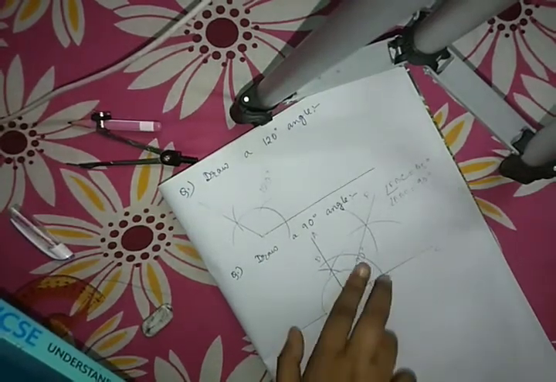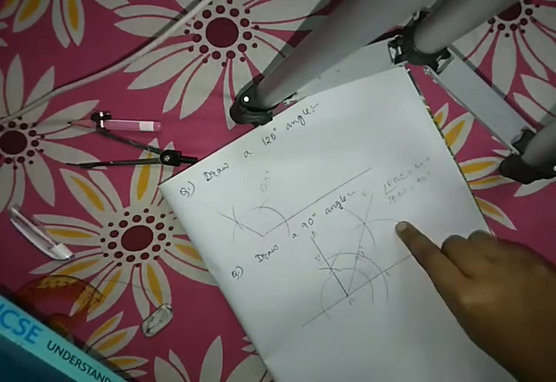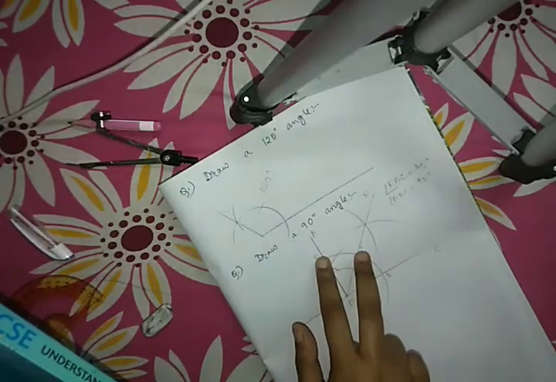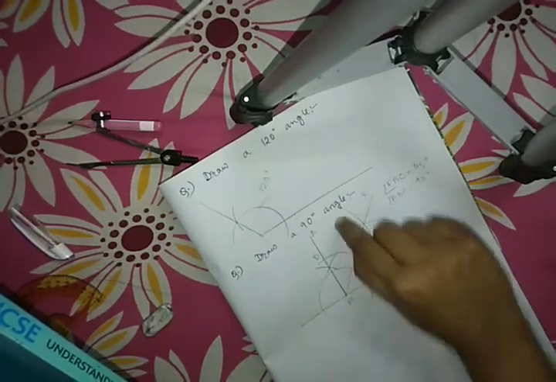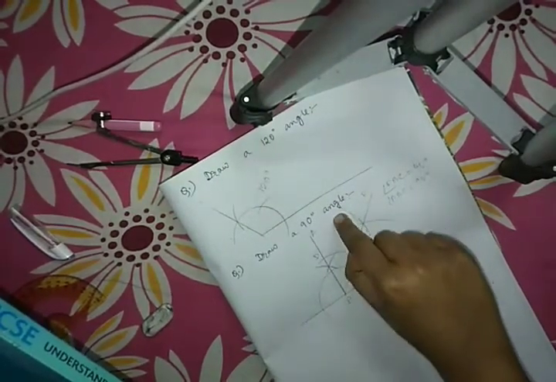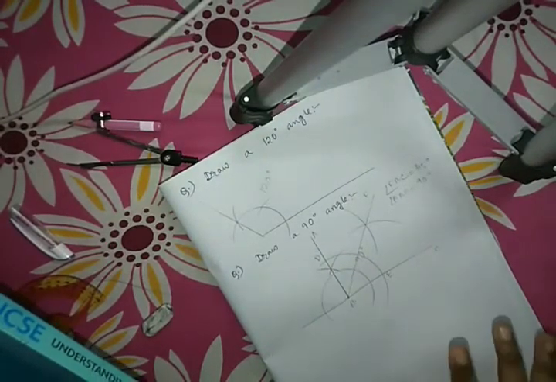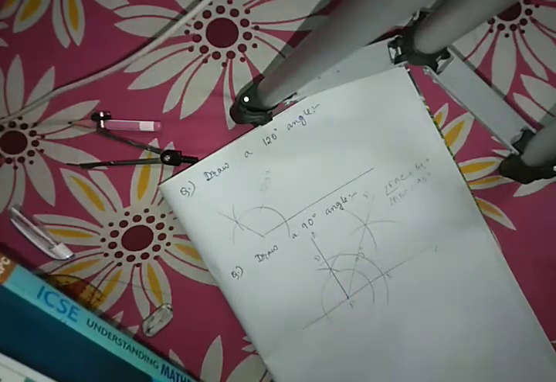So now again you have to bisect this angle. So another bisector you will draw from here, and you have to bisect this angle also. So this angle will be divided into equal 2 parts and the bisector will go from here. So 1, 2, 3, 4. We will now get 4 equal parts. So I hope you understood how to divide this angle into 4 equal parts.